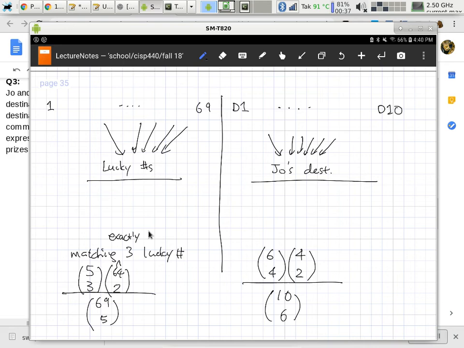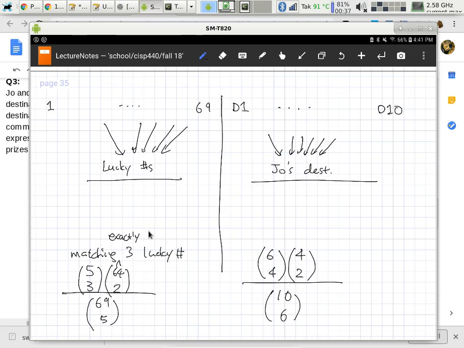Now on the other side, you say, okay, Pat, go ahead and choose 6 destinations. Pat doesn't really know what Joe has chosen, right? So just by chance, what are the chances that Pat can choose 4 of the same destinations that Joe has already chosen?